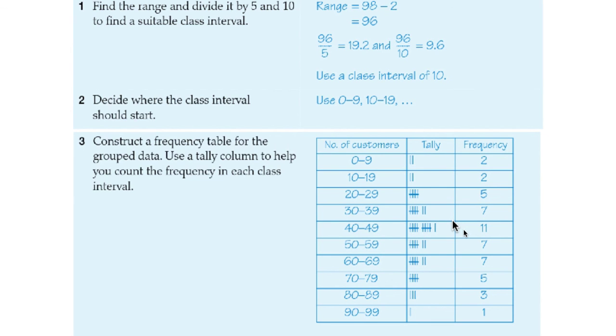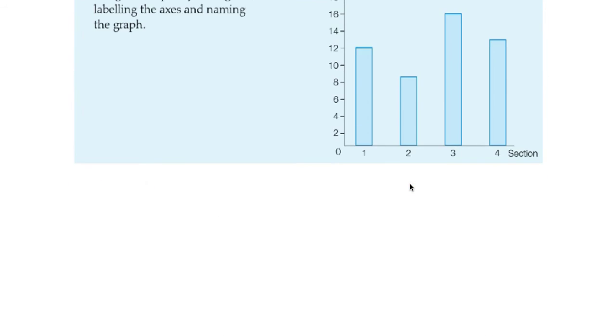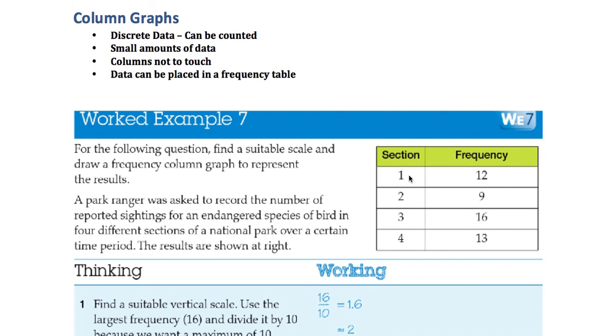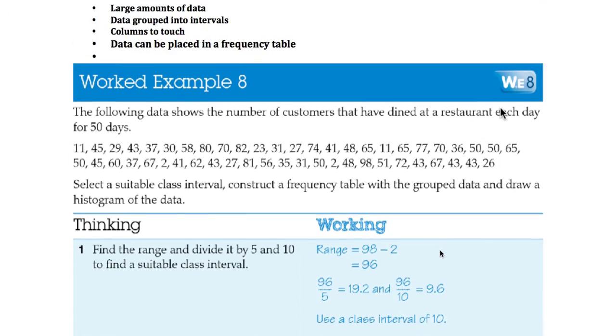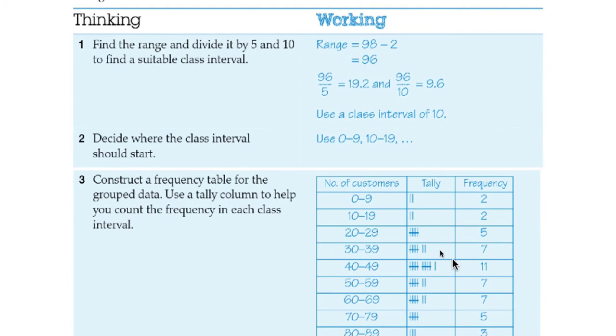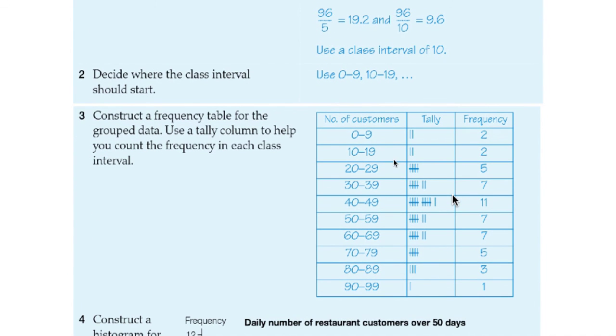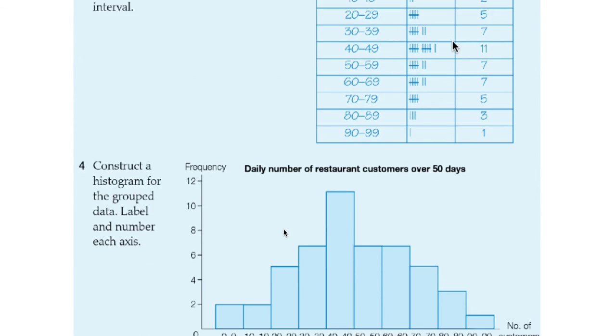Whereas for a column graph, the data is nice and clean and discrete, one data item and its frequency, when we're collecting data for a histogram, we group the data. We have class intervals. So here's a group, 0 to 9. This is the main difference between the two tables.